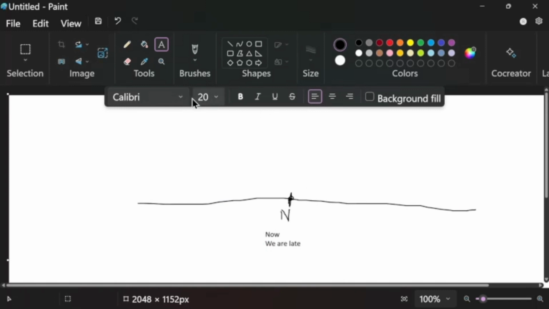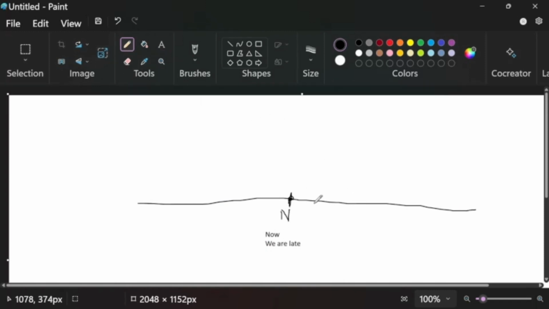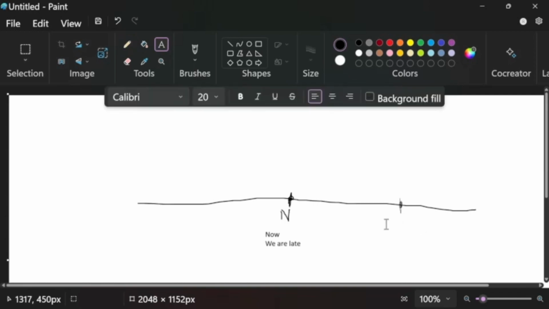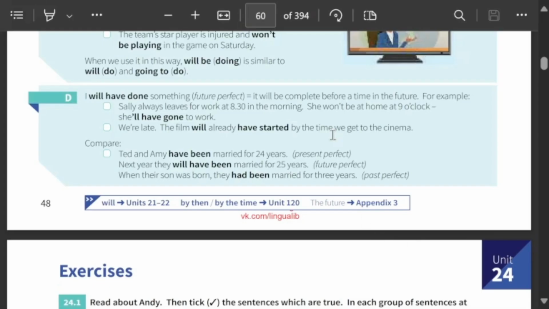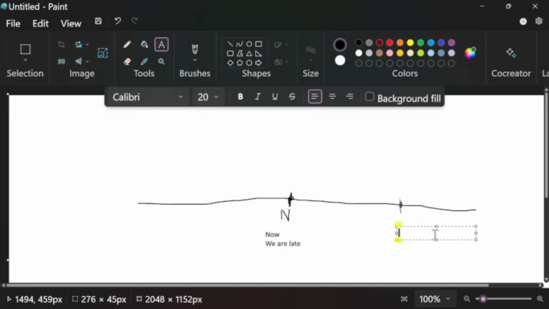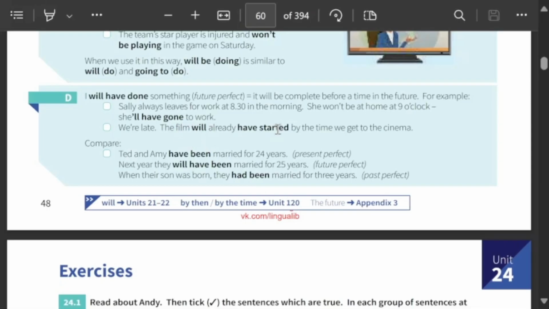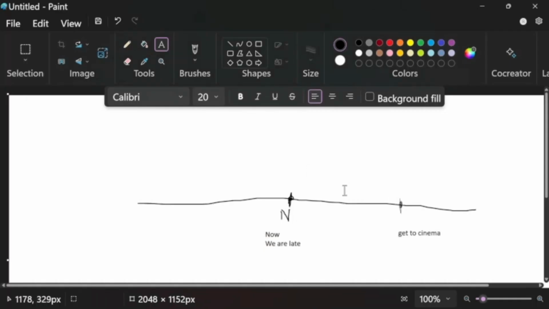So now we are late. So we go to the cinema in the future here. Let's say over here we arrive. We will arrive. Right? So here is by the time we get to the cinema. So here we get to the cinema at this time, you see? So now, when does the film start? It starts here, in between.